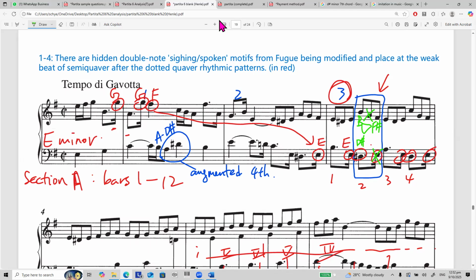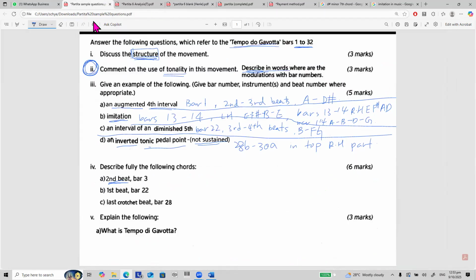From B to D sharp is a major third. D sharp to F sharp is a minor third. So apparently this is like a B major chord. It gives you a B major sound. So for this exam, you can describe the chord as B major chord.